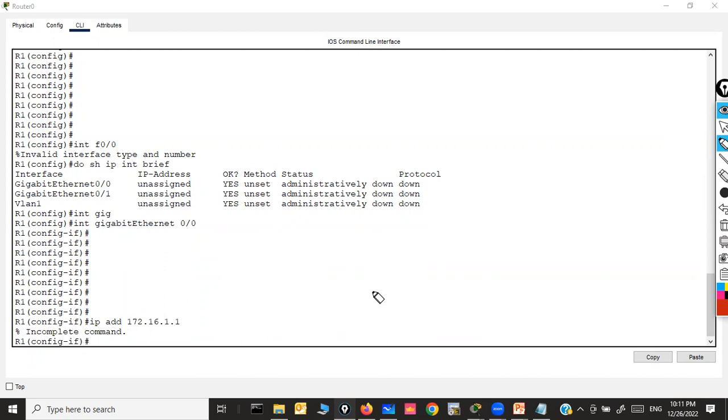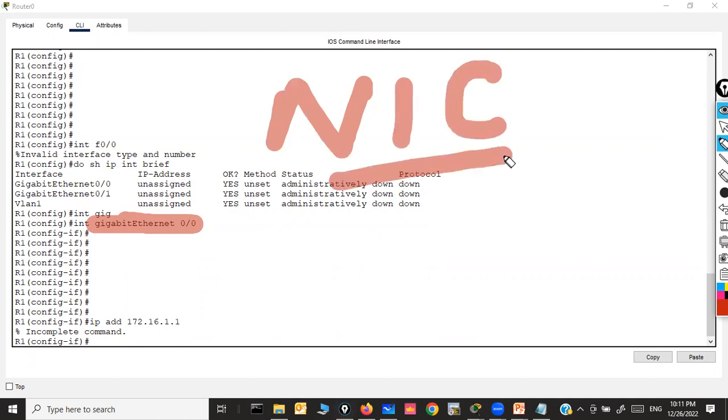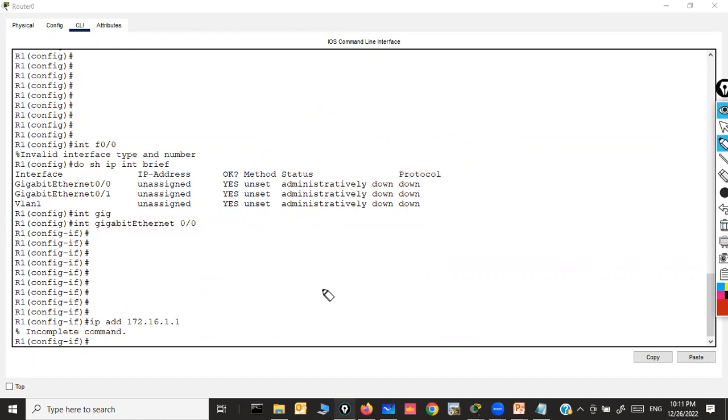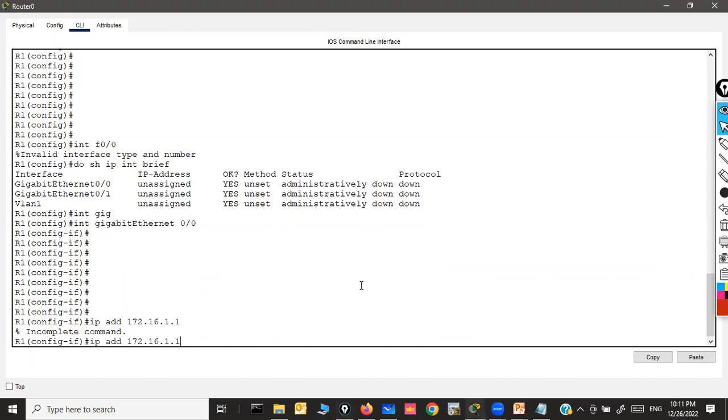No worries. What I want to show you is just this IP address only. Even though it's a network device, I tried to assign an IP address to the interface. Remember, I explained the NIC card, Ethernet card. This device also has a NIC card. I tried to assign an IP address, and what is it saying? Incomplete command, right? And I hope you understand now why incomplete command. Why incomplete command? Where is the mask?